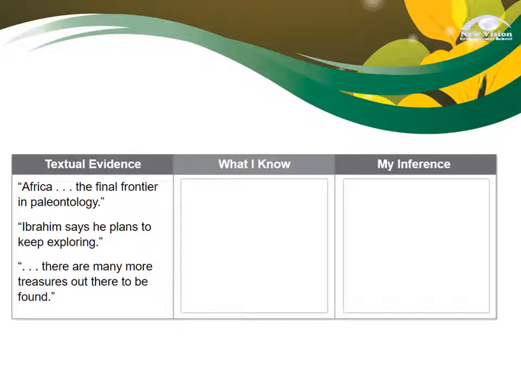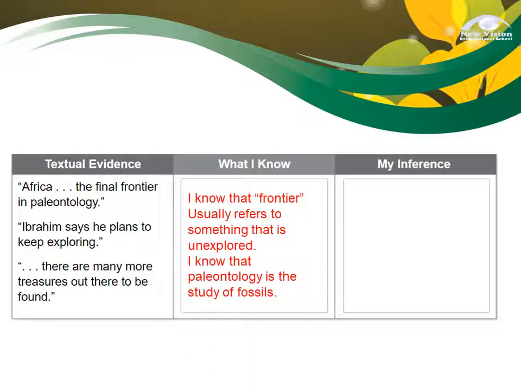Based on the excerpt we've read, let's try to fill in this table. The textual evidence is given. What we are to do is fill in what I know and the inference. Textual evidence: Africa, the final frontier in paleontology. Ibrahim says he plans to keep exploring. There are many more treasures out there to be found. What you know that is already stated in the excerpt: the frontier usually refers to something that is unexplored, and paleontology is the study of fossils.